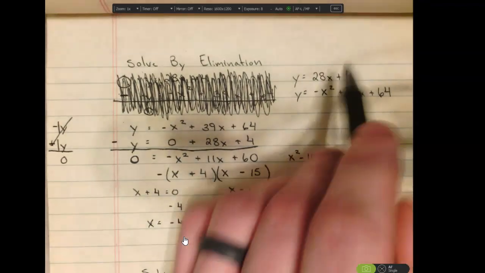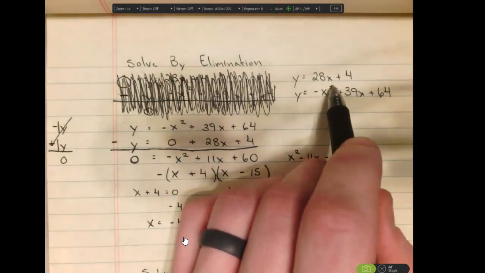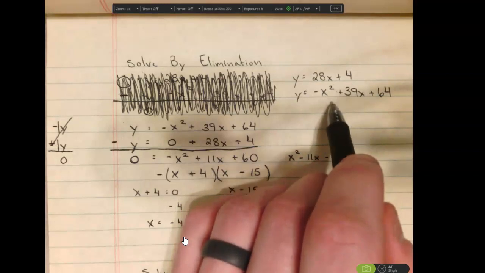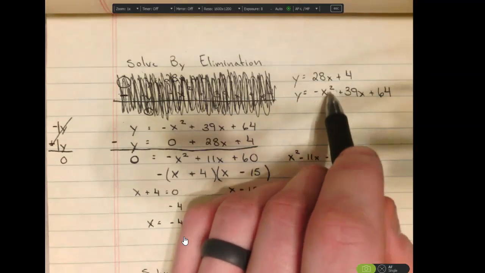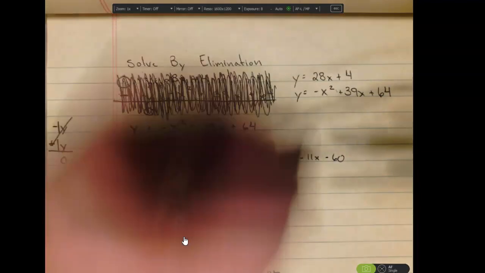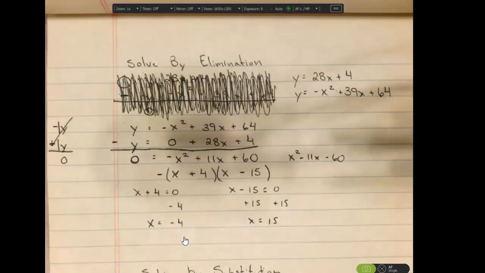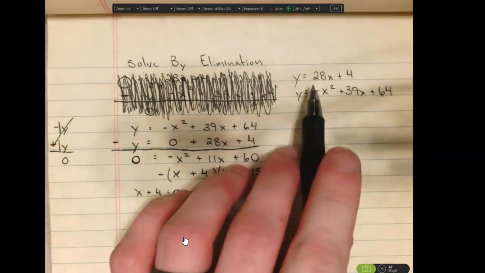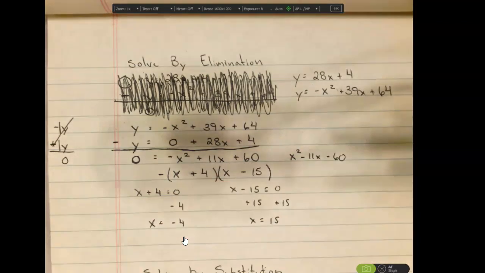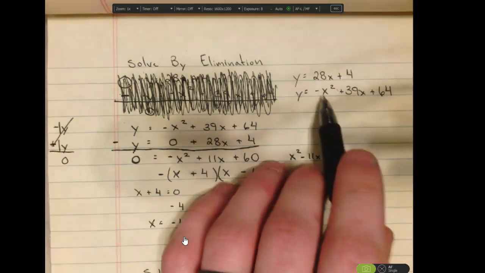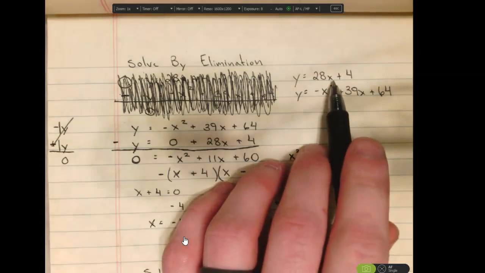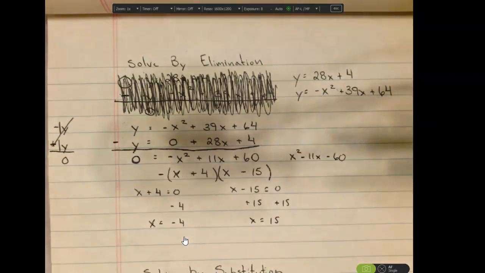I'm going to choose this first equation because the first equation is a lot simpler because it's linear and I don't have an x squared. So I'm going to work with the equation y equals 28x plus 4. So I'm going to plug this negative 4 into my linear equation, find that y, and then I'm going to plug this 15 in for x in the linear equation, and that's also going to give me a y.